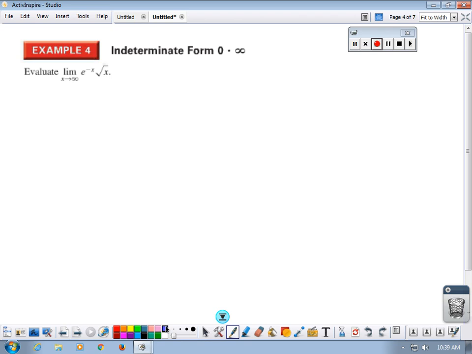Alright. Example 4. Limit x approaches infinity, e to the negative x times square root of x. Alright, so you have e to the negative infinity basically times the square root of infinity, which is still going to grow. It just grows slowly, kind of like the natural log. Well, e to the negative infinity is approaching 0.